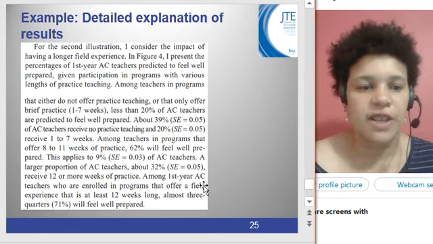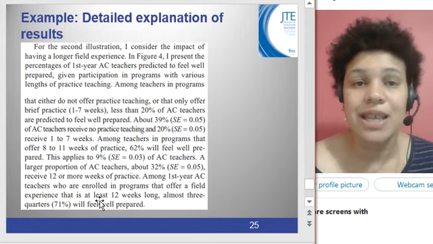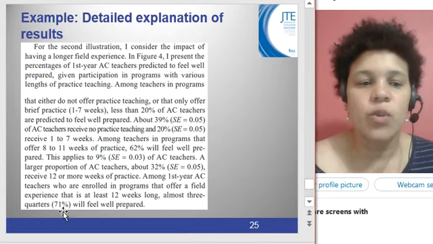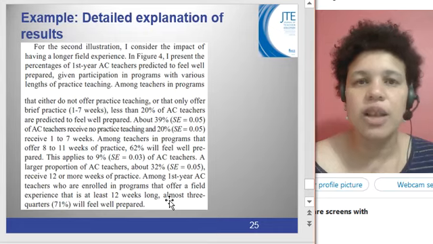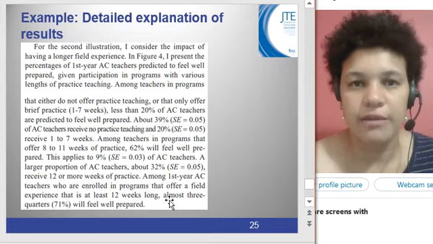Among first-year alternatively certified teachers who are enrolled in a program that offers a field experience that is at least 12 weeks long, almost three-quarters, or 71%, feel well prepared.